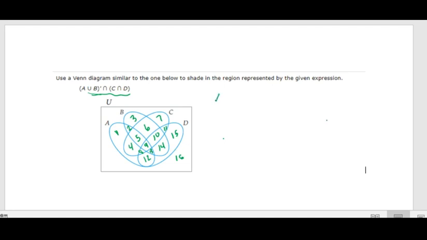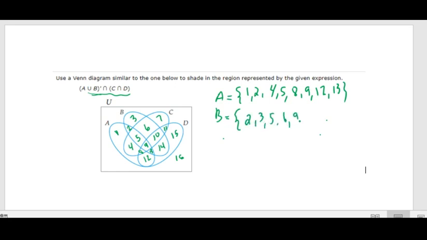Okay, so I'm going to go ahead and write out the sets. A is 1, 2, 4, 5, 8, 9, 12, and 13. And then B is 2, 3, 5, 6, 9, 10, 13, and 14. And C is 7, 11, 6, 10, 5, 9, 4, and 8.